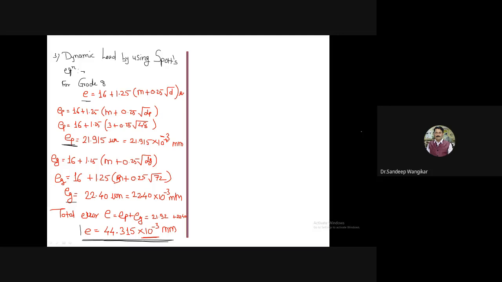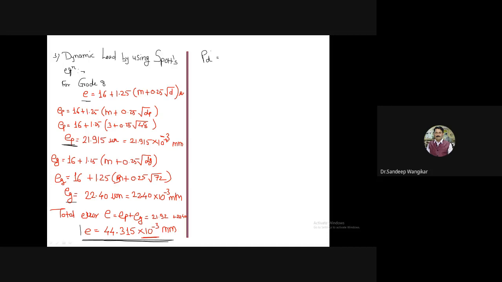Okay, so now let us write the Schwartz equation formula. PD is equal to, now there are three different formulas. Pinion and gear made up of steel material.